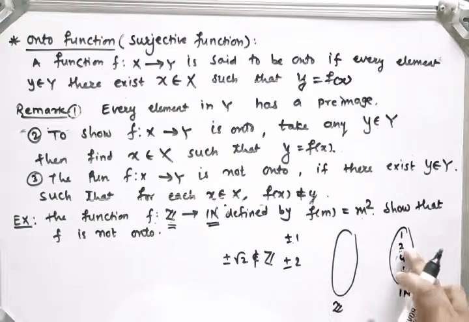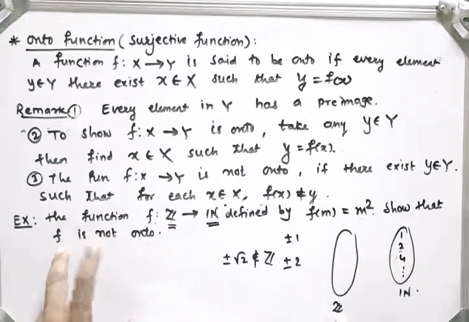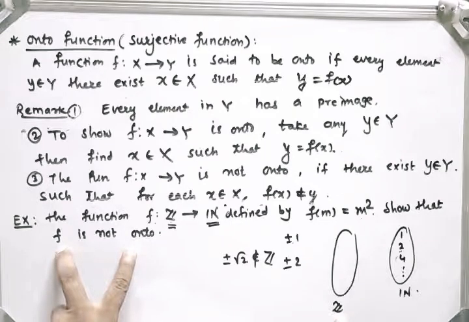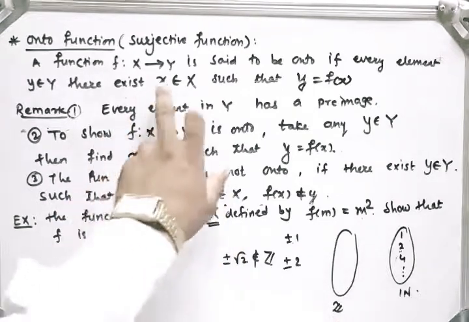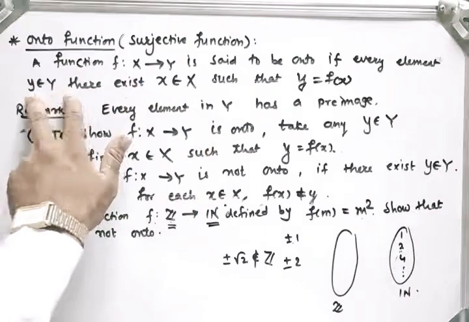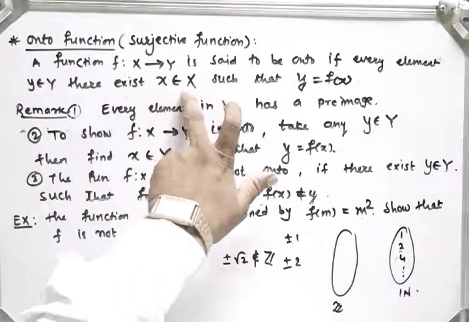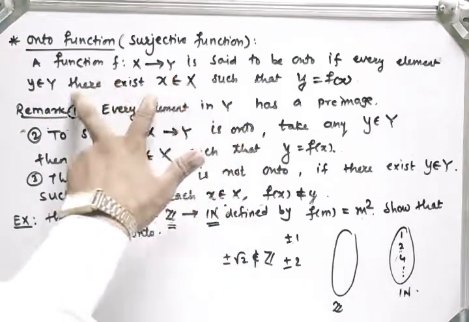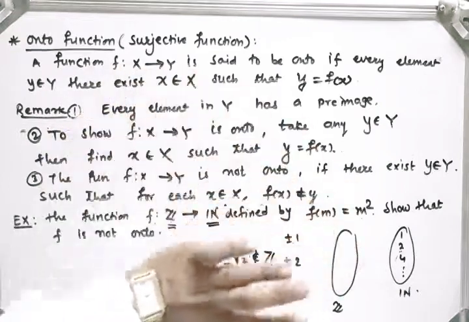Means 2 has no pre-image in the set of integers. Therefore we say that f is not an onto function. So from the definition, if for each y belonging to Y there always exists x belonging to X, and this condition holds, then we say that function f from X to Y is an onto function.